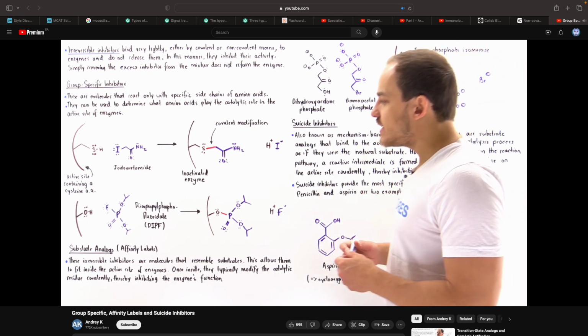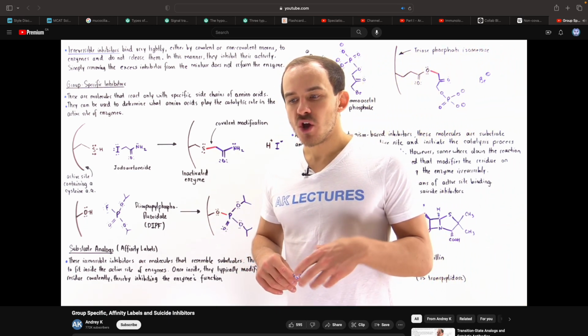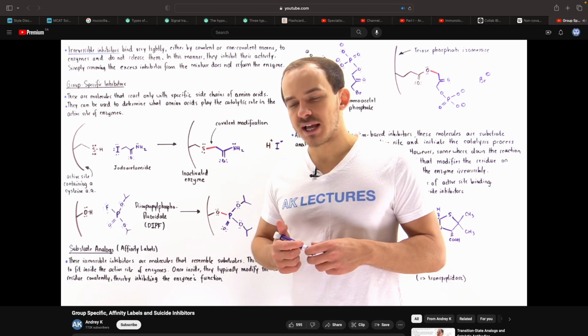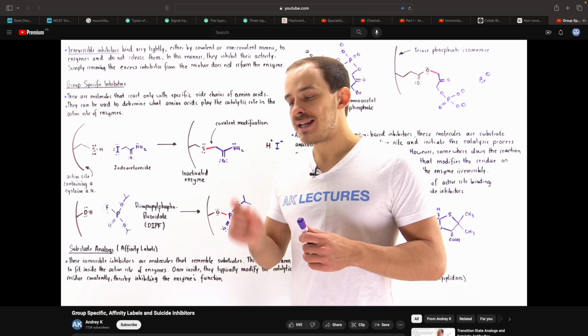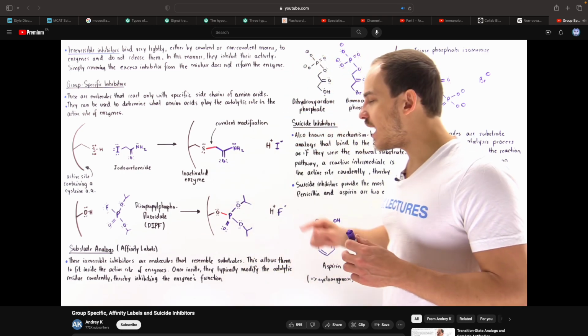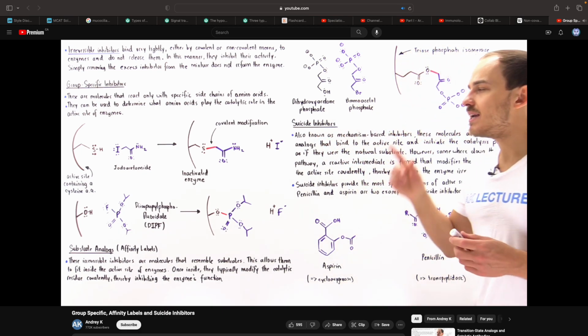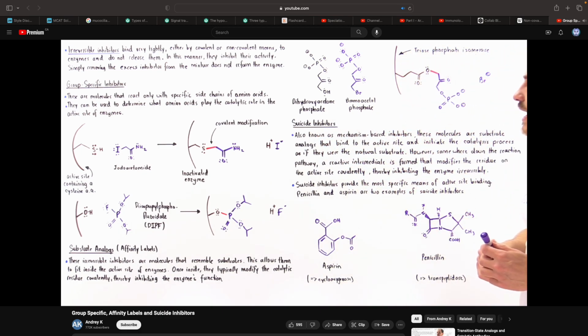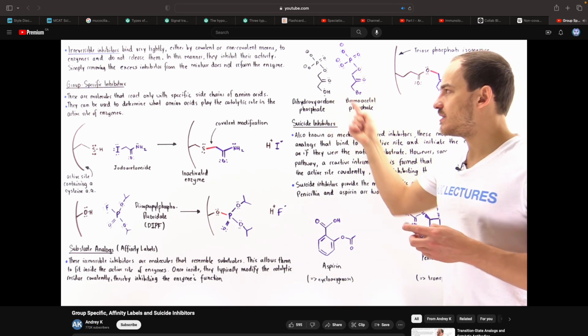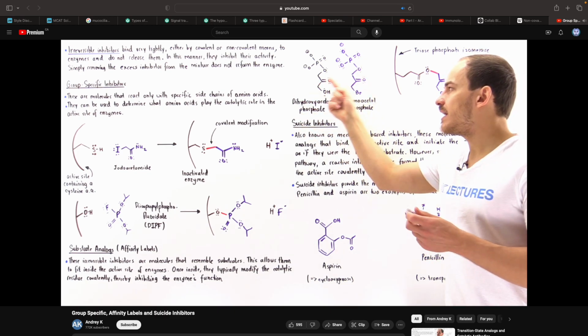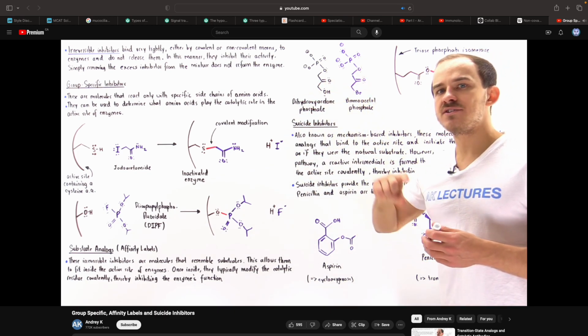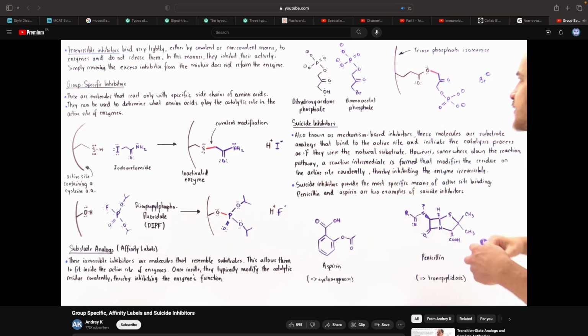Now, what's one example of an affinity label? When we discuss the process of glycolysis, we'll see that an intermediate molecule in glycolysis is known as dihydroxyacetone phosphate. In glycolysis, dihydroxyacetone phosphate is transformed into another isomer by an enzyme we call triose phosphate isomerase.